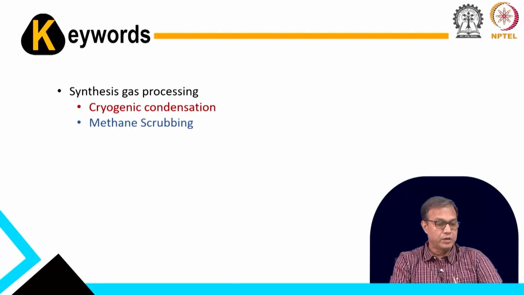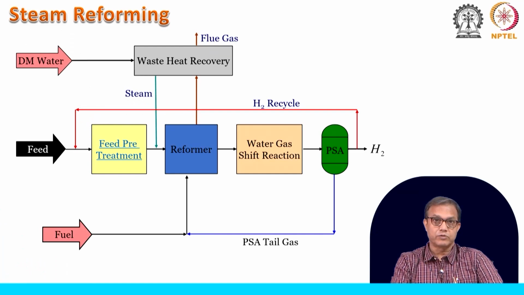And before that, we will have a look into the application of these processes, which in future can be used for our coal handling. You remember that we have talked about coal for generating hydrogen.